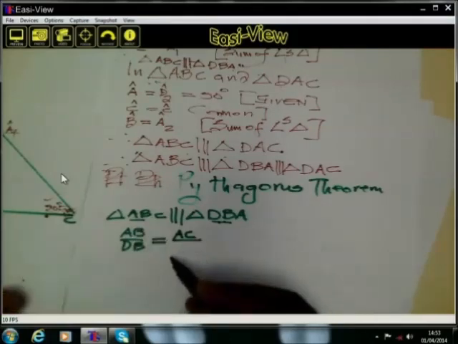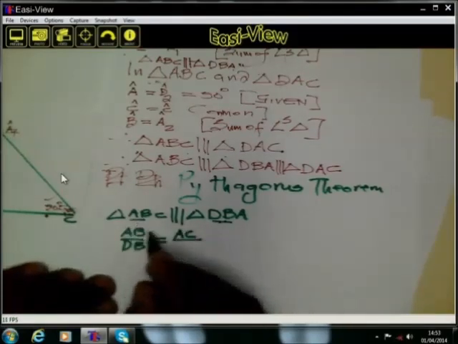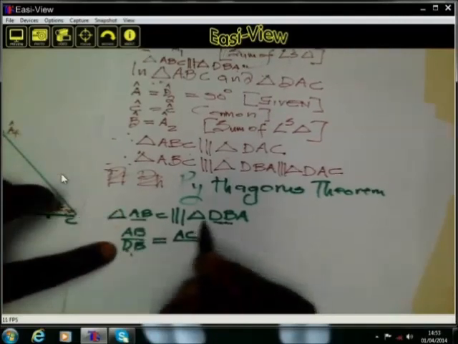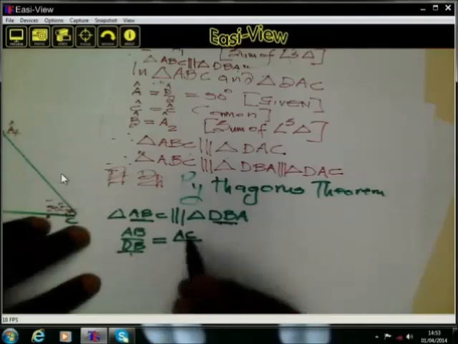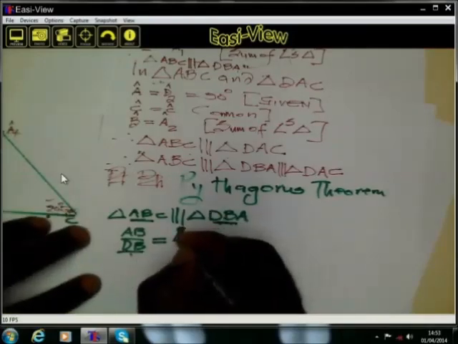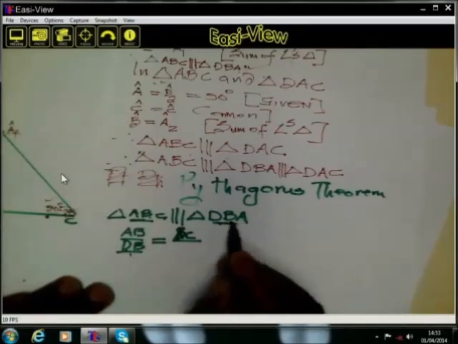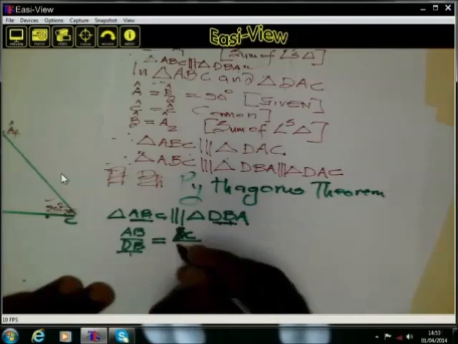I think I'm getting it wrong here. No, it's not supposed to be AC. It's AB over DB. This over that. That is correct. And this should have been BC, yes. This side over BA, which I can always write as BA or AB.